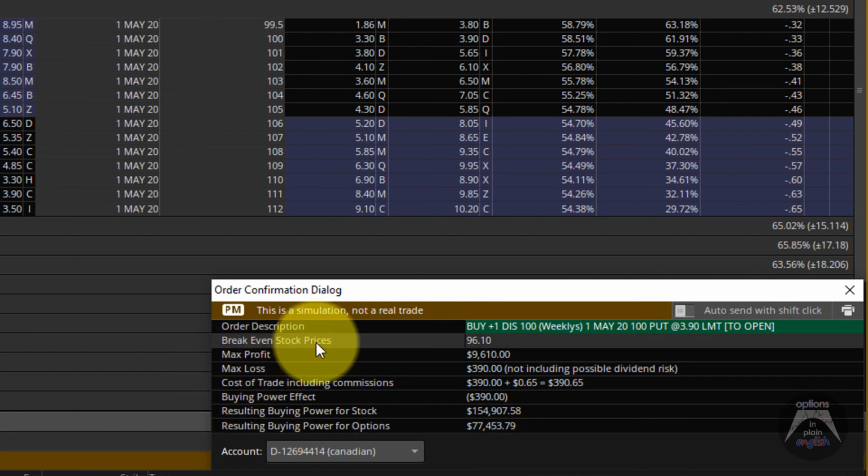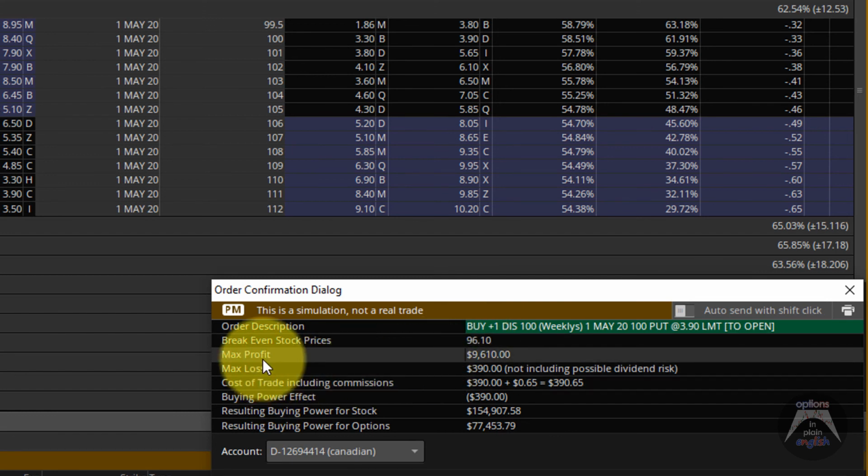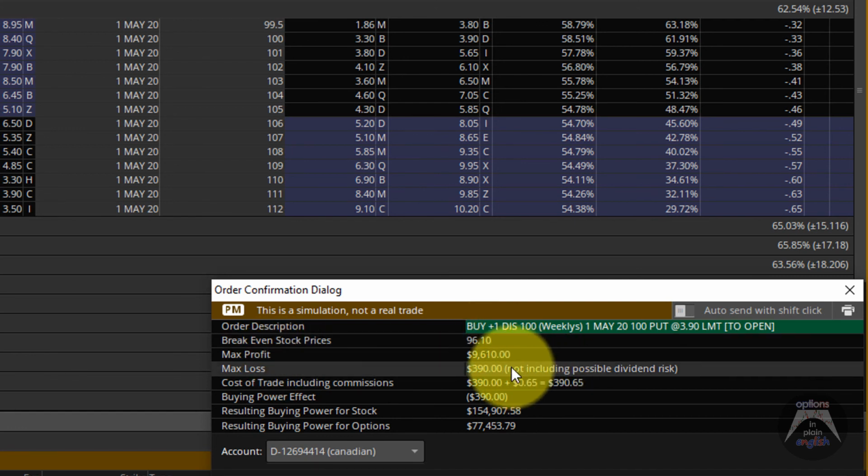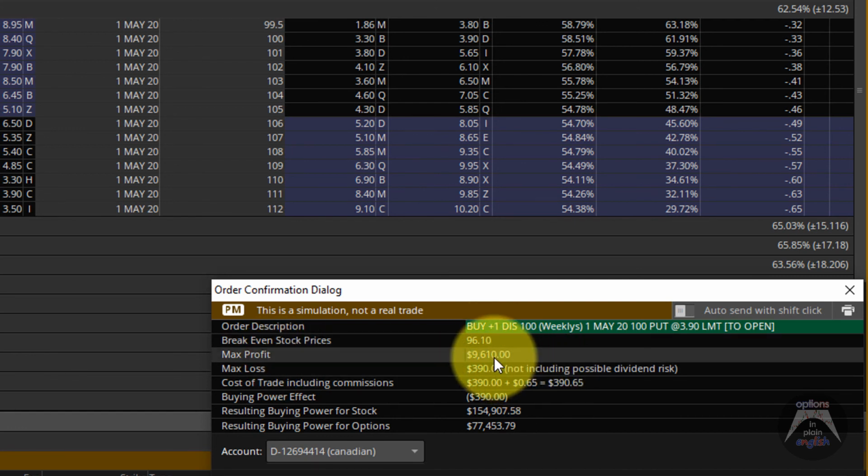Our break even is going to be, of course, the $100 strike minus what we paid for it. So we need the price to go to $96.10. The max profit is, assuming we go to zero, which is basically $9,610, which is what I was saying. For practical purposes, we're talking about an unlimited profit potential.